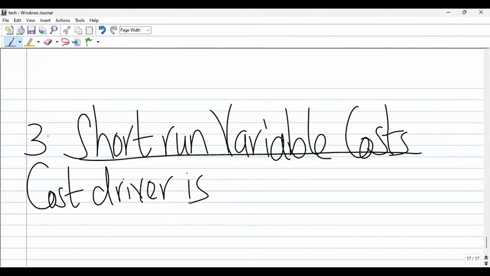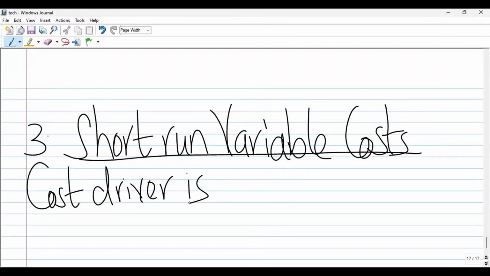So we ask ourselves, what are short-run variable costs? Short-run variable costs are those variable costs that you incur in the short run. And when we talk about a short run, we mean a period less than 1 year. So the variable costs you incur in a short-term period of less than 1 year.